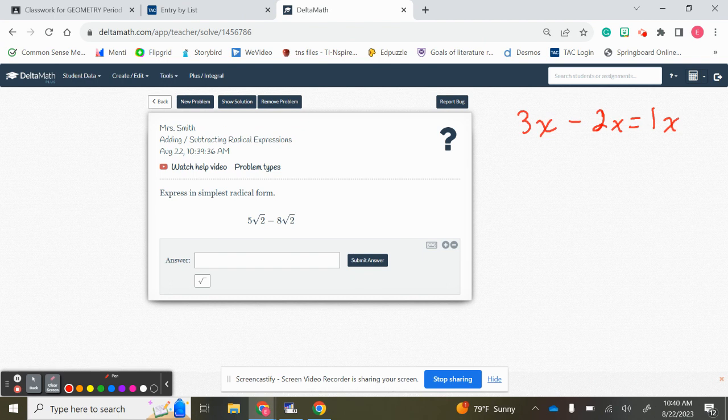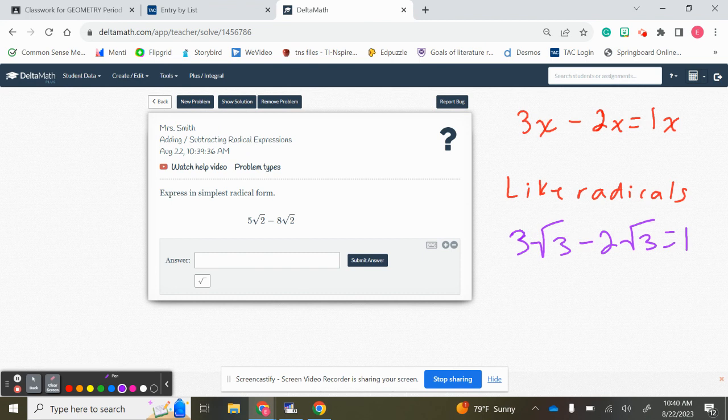The same idea happens with radicals, but you're not going to have like terms, you're going to have something called like radicals. And what that means is if I took this same example and I had, let's say, 3 square root of 3 minus 2 square root of 3, that would be the same as saying 1 square root of 3.